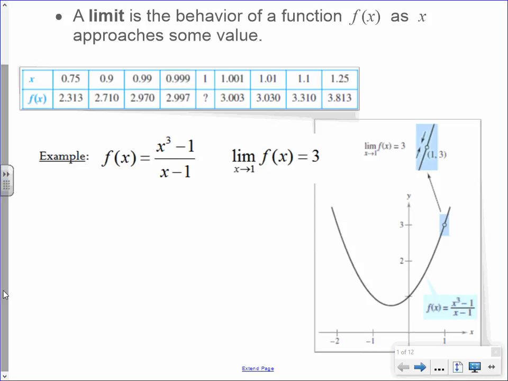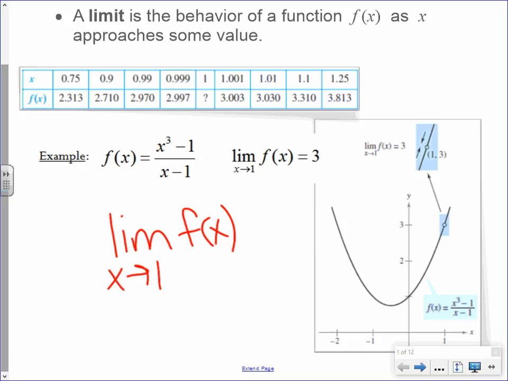Here is a table of values. And this is how we're going to write it: if we want the limit as x approaches 1 of f of x, that's how we read it. The limit as x approaches 1 of f of x.